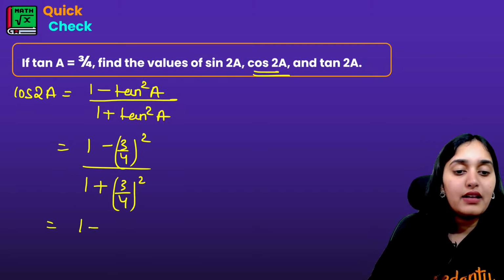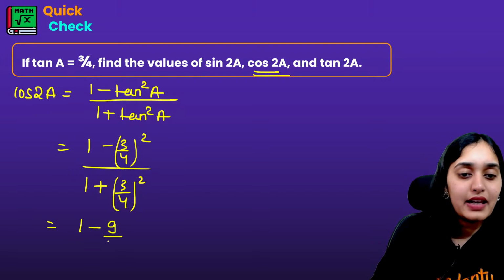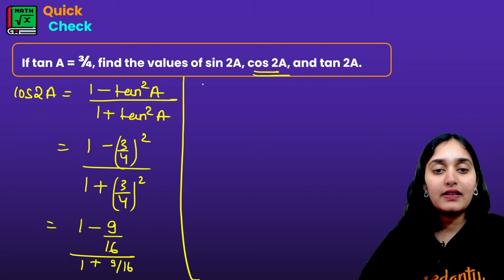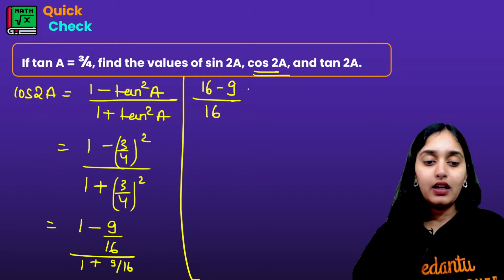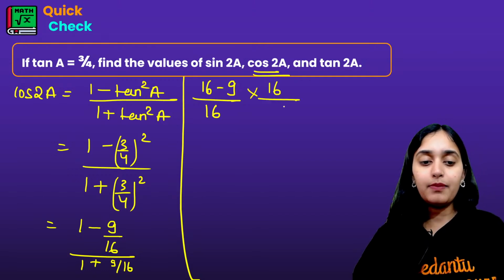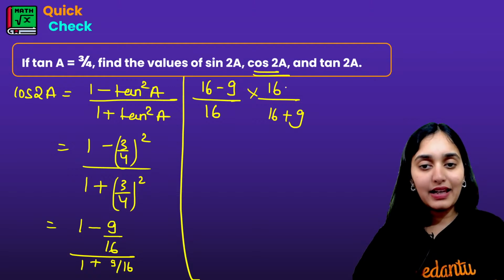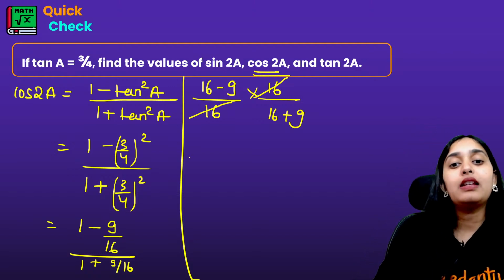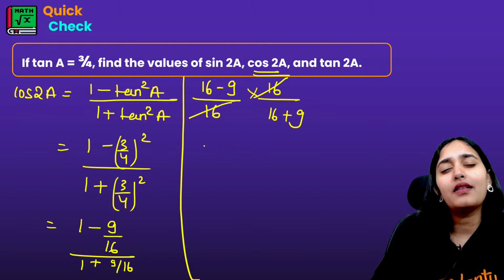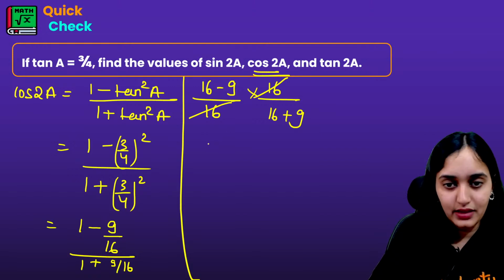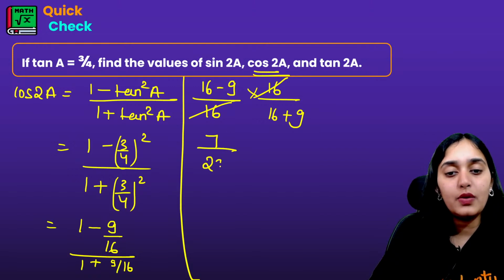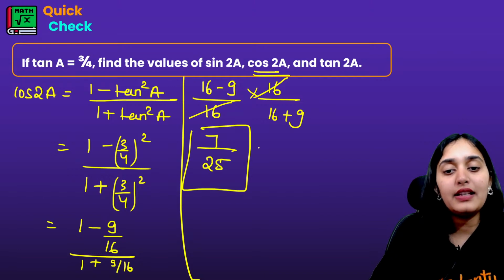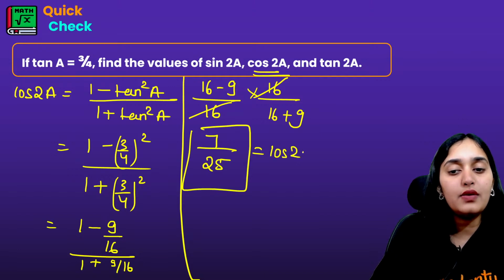So this is 1 minus 9 by 16 upon 1 plus 9 by 16. So this is 16 minus 9 upon 16 into 16 upon 16 plus 9, cancel. 16 minus 9 is 7 upon 25. This is the value of cos 2A.